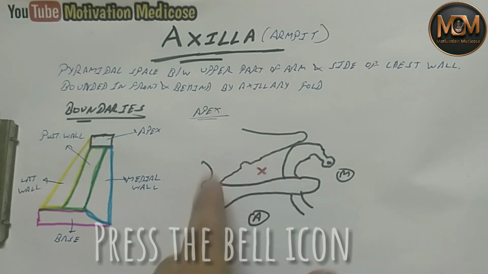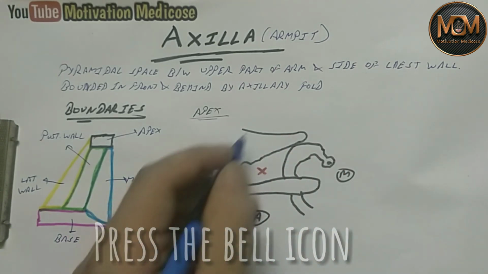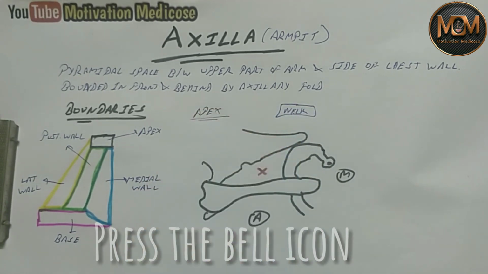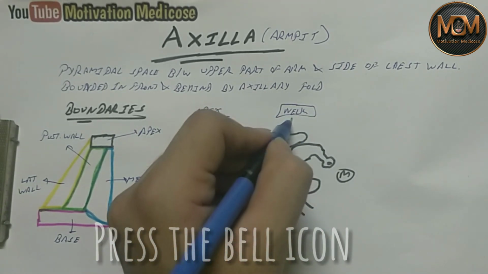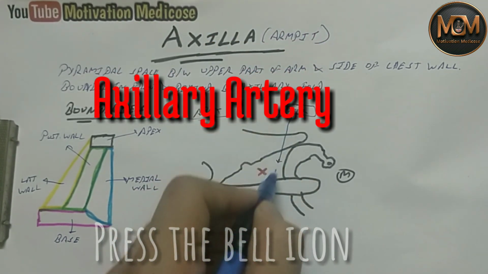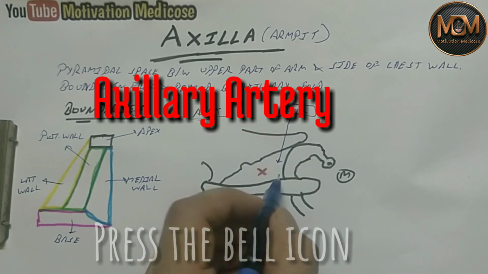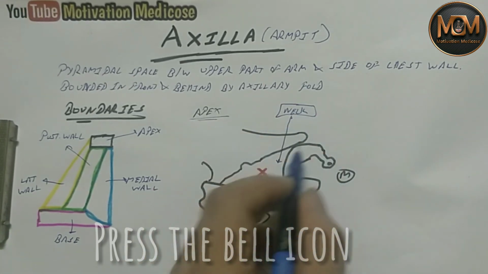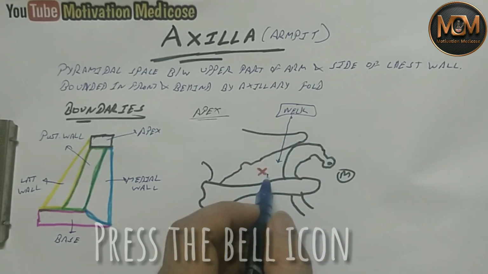Above this axilla region, there is the neck. From the neck there will be some structures going, like the axillary artery as well as the brachial plexus. Basically the subclavian artery, when entering the axilla, becomes the axillary artery.